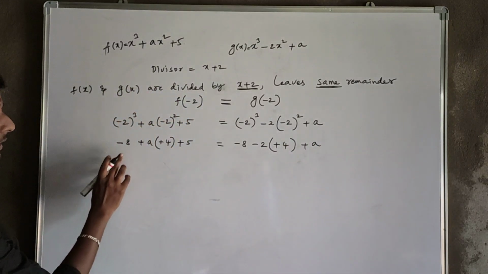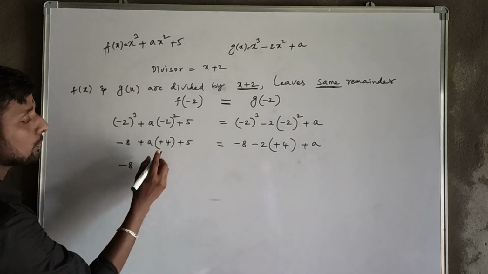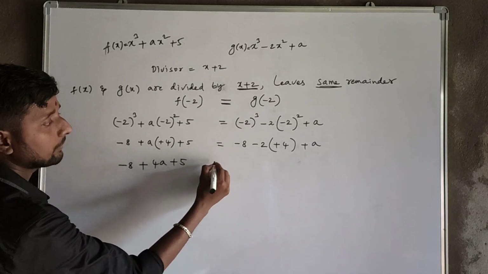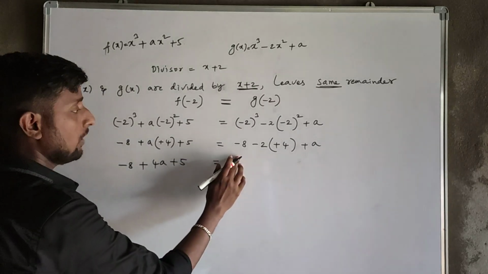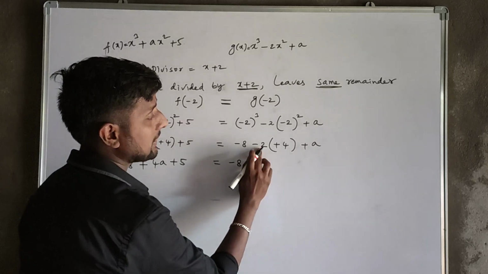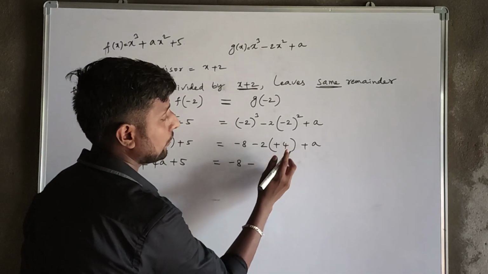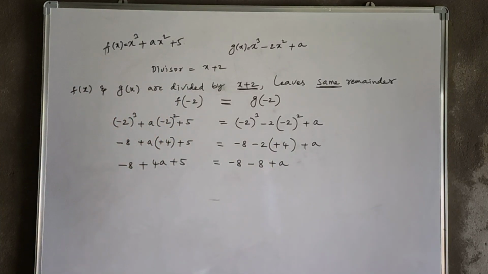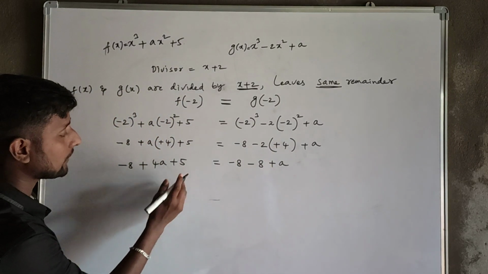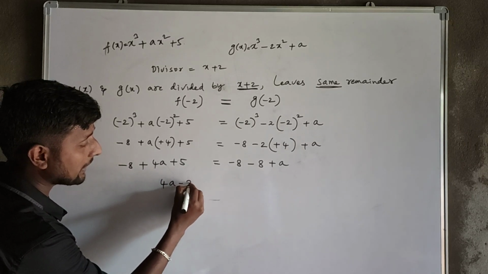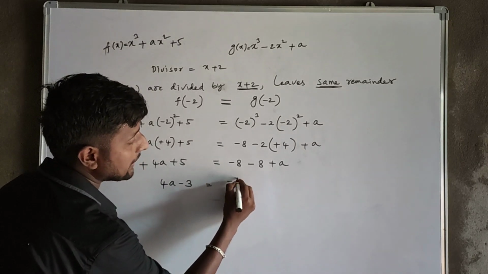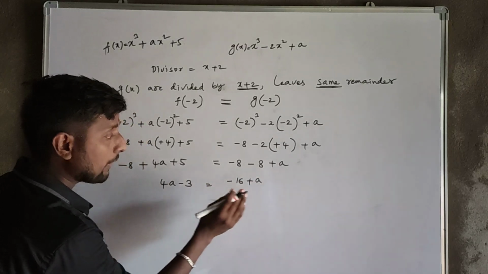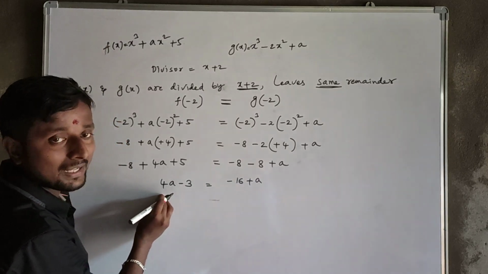Now we'll simplify. Minus 8 as it is, plus 4 into a, 4a, plus 5 is equal to minus 8 plus, minus 2 4s are 8, so plus 8. Correct? Let's simplify. Minus 8 plus 5, so overall the answer is minus 3. Here minus 16 plus a. Remember, now I want to get this a to the LHS side.